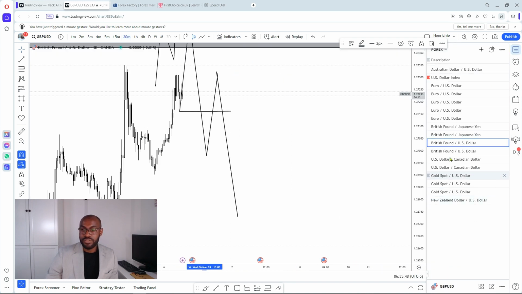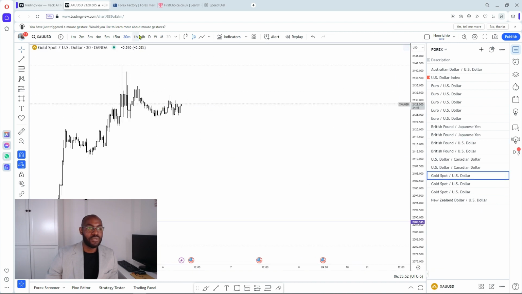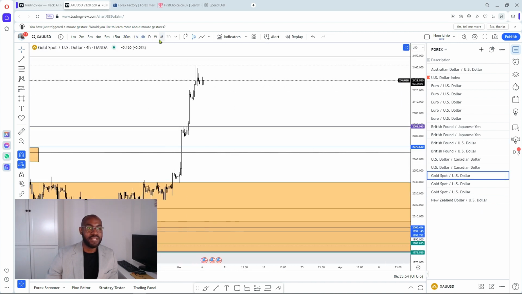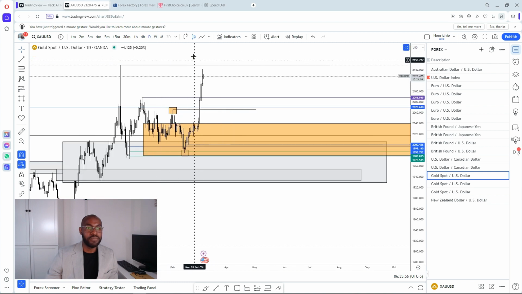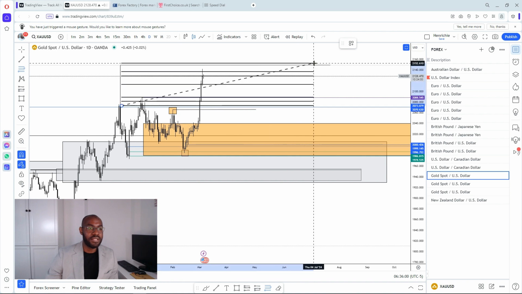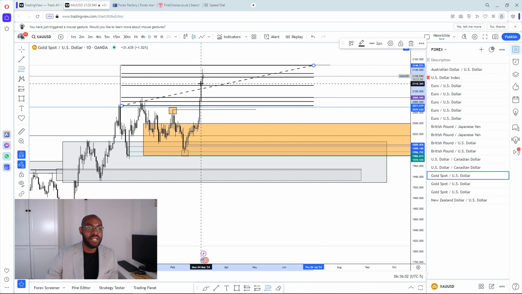So the next thing we're going to do now is look at gold to see what gold is doing as well. So basically, I wouldn't be surprised to see an all-time high on gold because right here we had this consequent encroachment, and I was anticipating to see whether the midpoint of this week's range is going to act as some level of resistance to send us into this discount key level before we continue higher to create an all-time high.